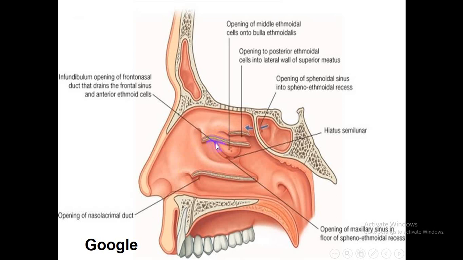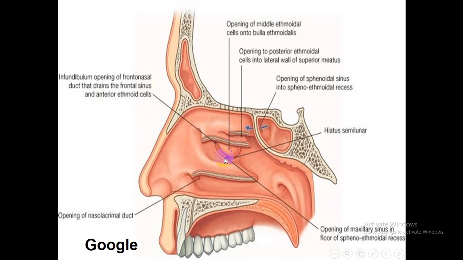So note that in the middle meatus there is the hiatus semilunaris. In the posterior part the maxillary sinus opens, while in the anterior part of the hiatus the anterior ethmoidal sinus opens. Also in the anterior part of the middle meatus the frontal sinus opens.